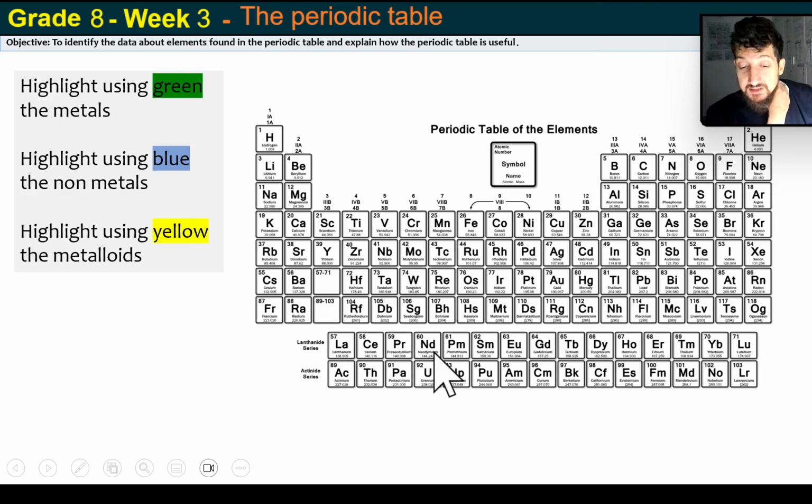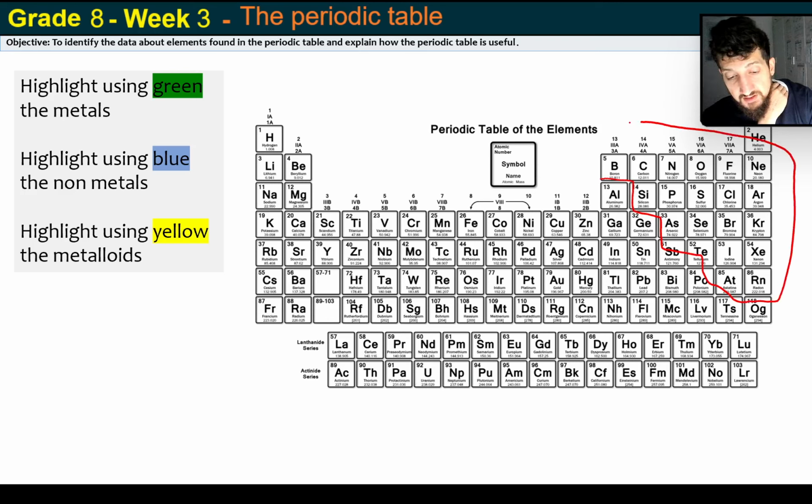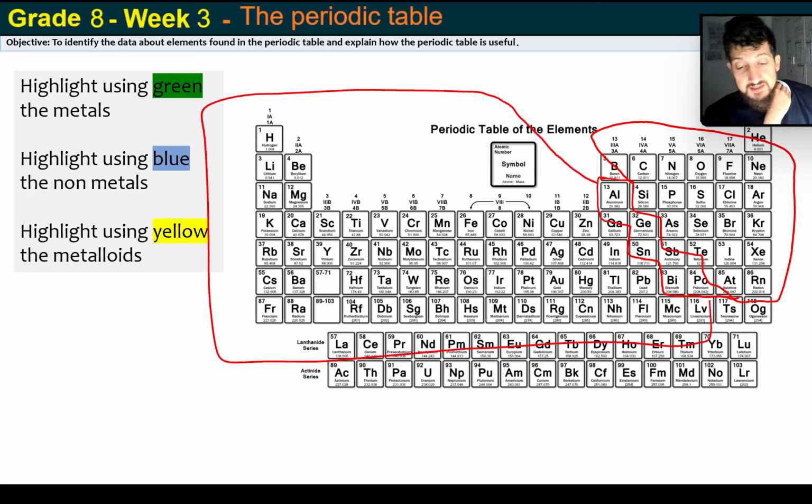Okay, so hopefully you should be able to do this by now. But generally speaking, over here are the non-metals. Over here are the metalloids, and everything over here is the metals.